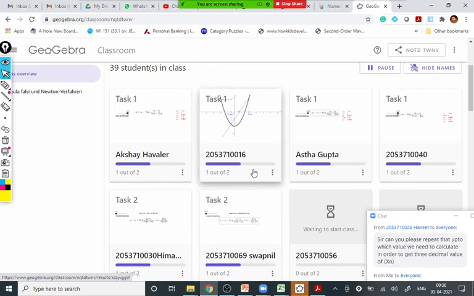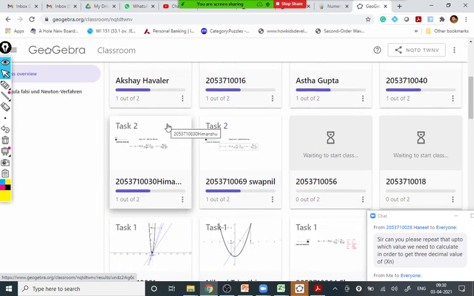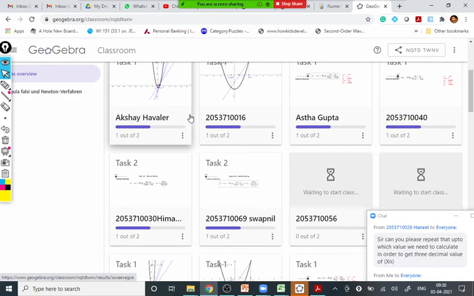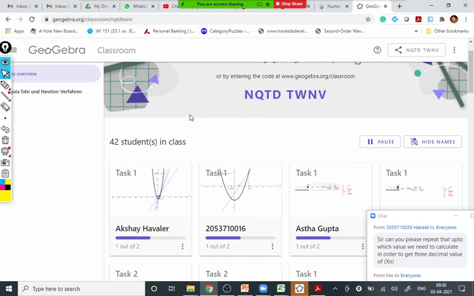So who completed it? I think many of you have done that. Sir, are you talking about the regula falsi method? Yes, regula falsi method. Sir, there is no input tab there, so we cannot write it.